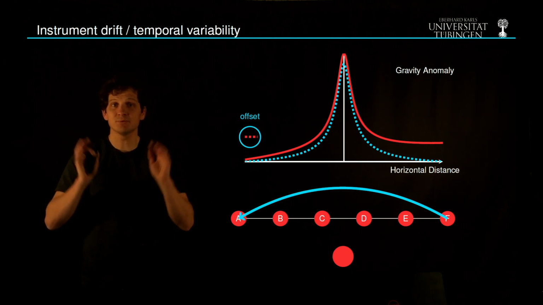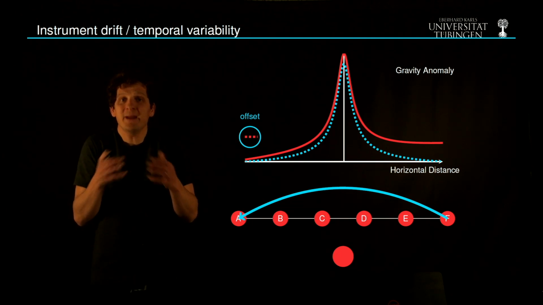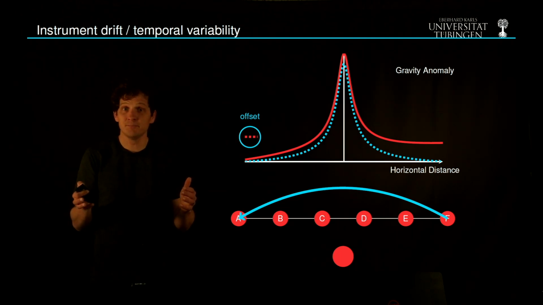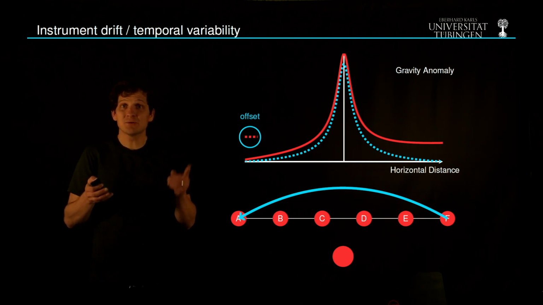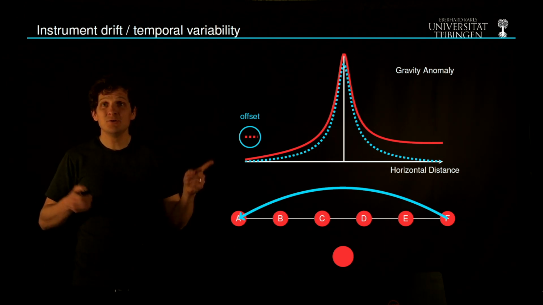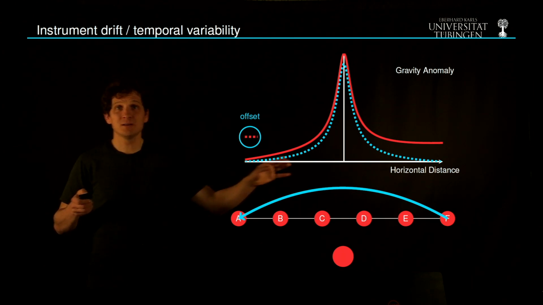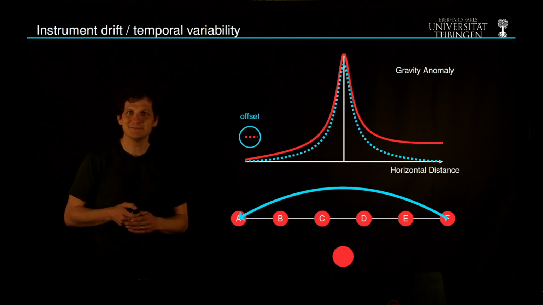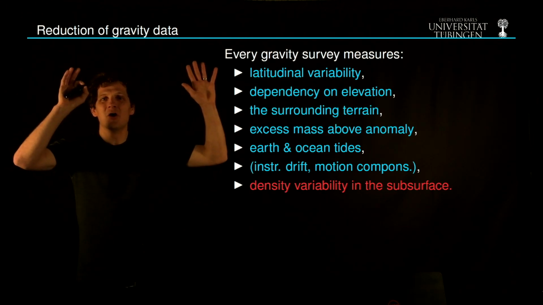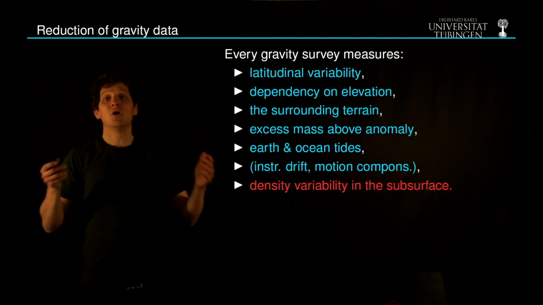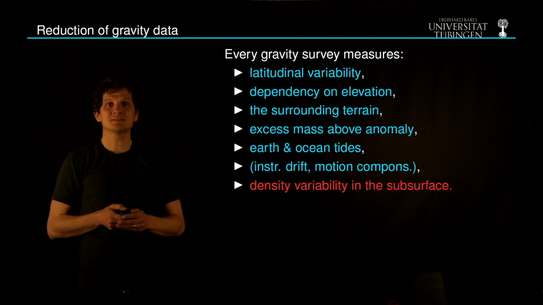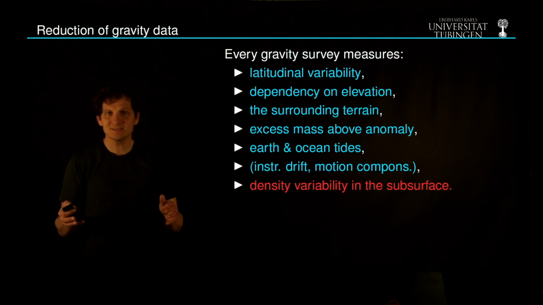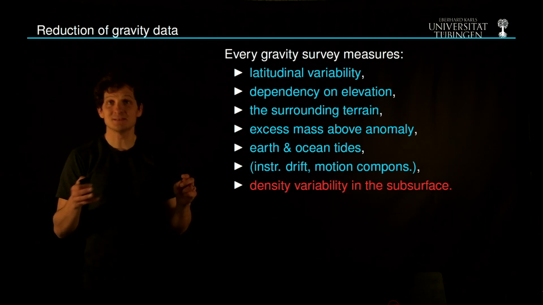And this is possible because your instrument has many sensitivities and may drift, for example, with temperature. And with such a repeat measurement, you at least notice this effect, and you can probably also correct for it to a certain extent. And after all of this is done, only then can you really start to interpret your gravity anomaly as a function of the density variability in the subsurface.